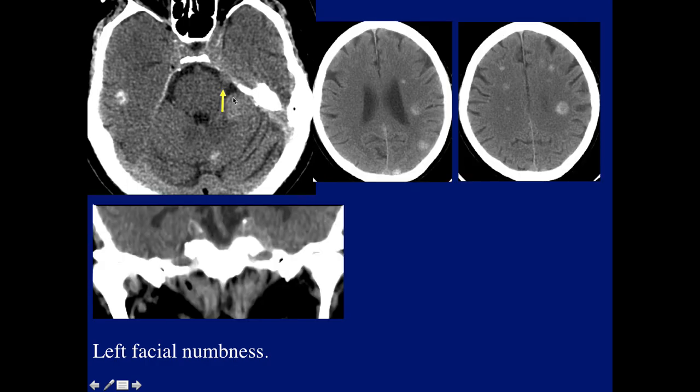Correct. Matthew and Stefan mentioned, besides this region, that the left trigeminal cisternal portion is prominent here. The patient presented with left facial numbness because of involvement of the trigeminal. What's the diagnosis here?